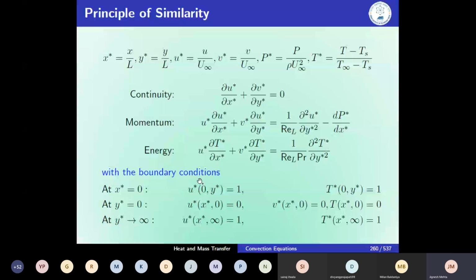Because this becomes u infinity by u infinity, it becomes 1, right? Those boundary conditions, after dividing them with the required reference parameter, you have re-expressed them.